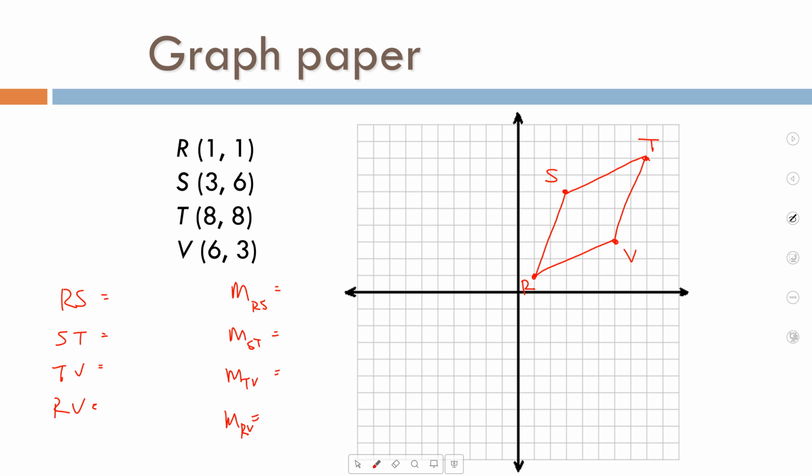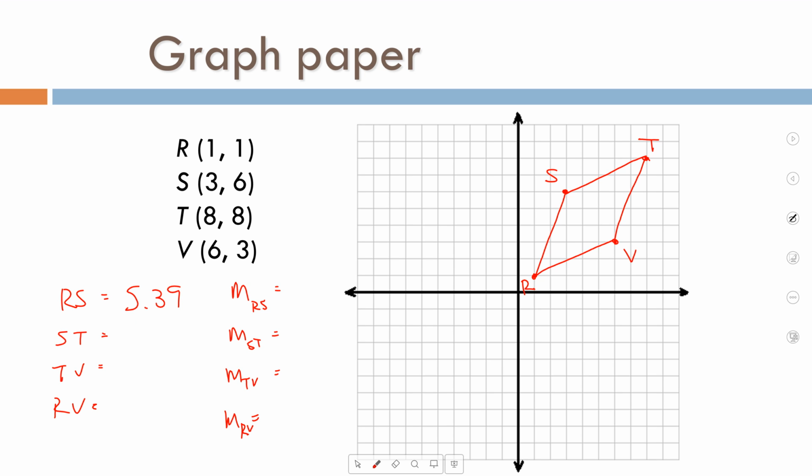It got quiet. Are we done? Okay. Maya, how long are you guys done back there? You're good? Can you give me the 4 sides then? How long is RS? 5.39.